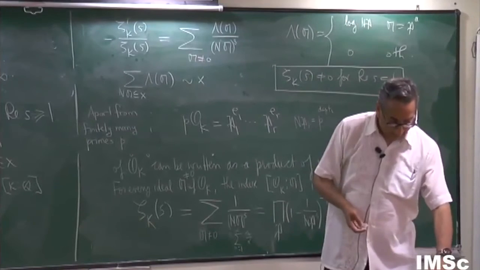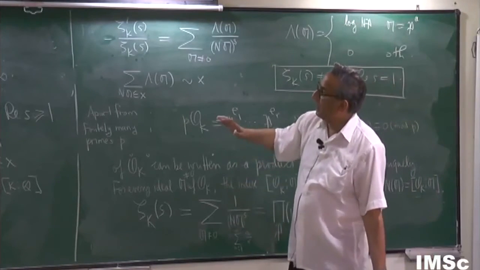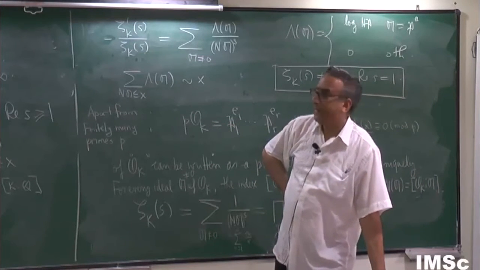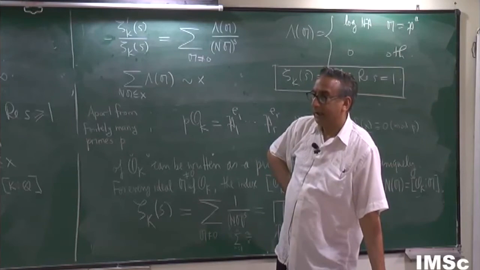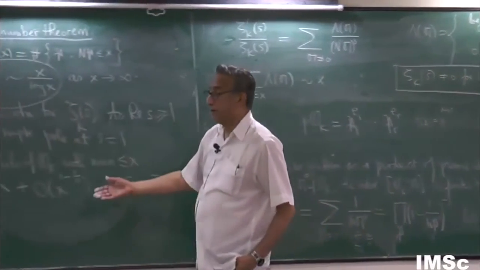Maybe since I've run out of time, I'll stop here. So next time, which is I guess tomorrow and Wednesday, I will continue this kind of framework of thought and describe a more general equidistribution theorem. Here we have a theorem about distribution of prime ideals.